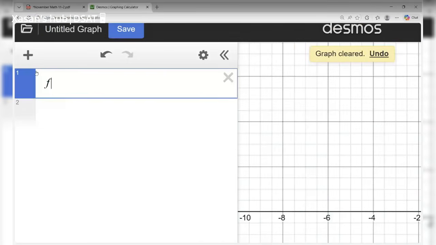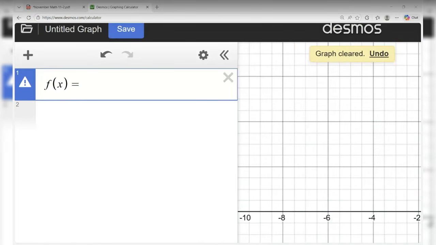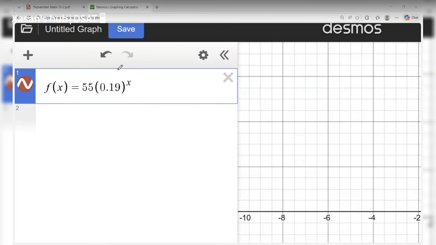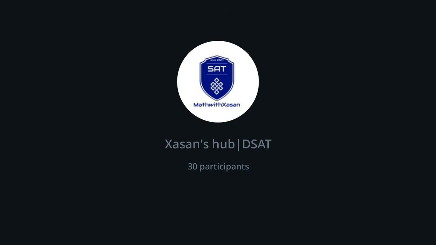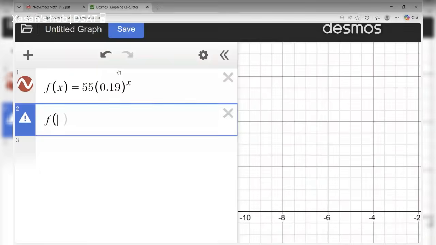Write the function f of x, I'm gonna write with an x, and then we have 55 and 0.19 and then the power of x, and f of n, which means let's choose any positive integer, like I'm choosing 5.